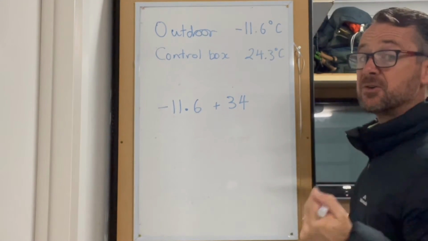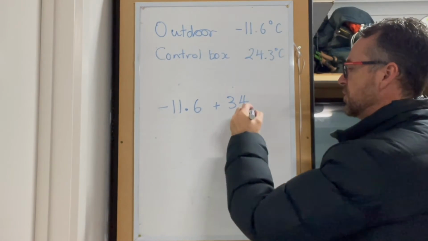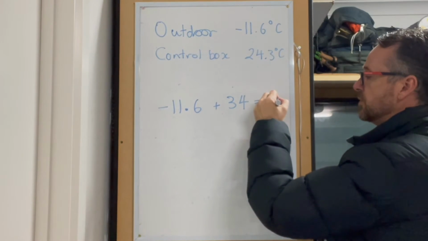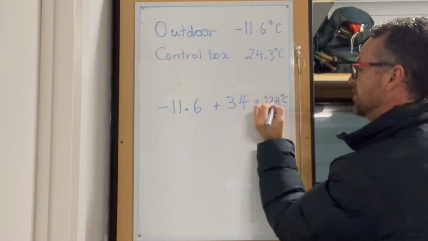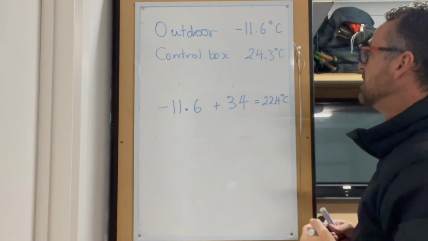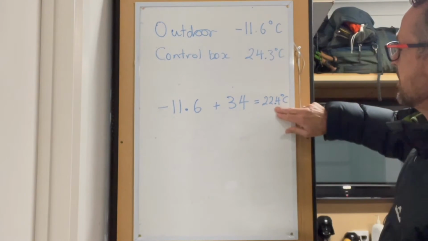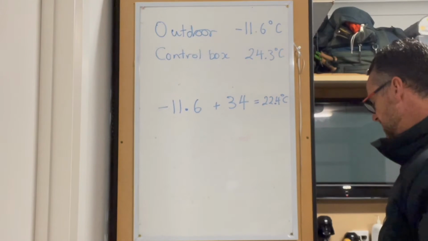Again, it's a calculator active task, so 11.6 into your calculator, add on 34, and that's going to give us a positive value of 22.4 degrees Celsius. Now if we look at 22.4 and 24.3, we can see that the control box would certainly deal with that.